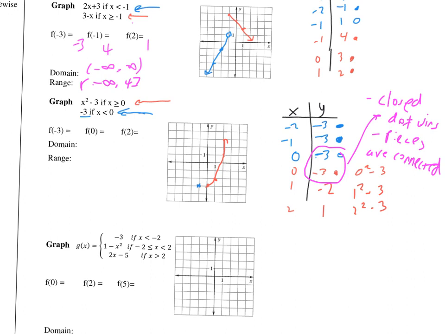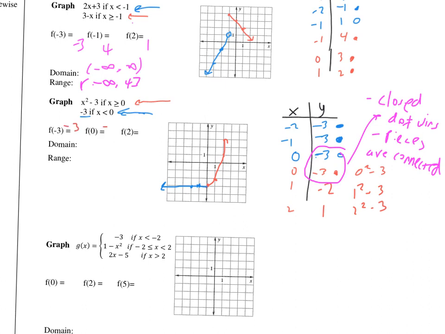Remember, I'm not going to draw the open dot at 0, -3, because it's kind of already there as the closed dot. And you can see those graphs are connected. Once again, once you get good at these, you can kind of see, okay, it's a constant function, a horizontal line at -3 to the left of 0, and then it's a parabola that's shifted down 3 as we go right of 0.